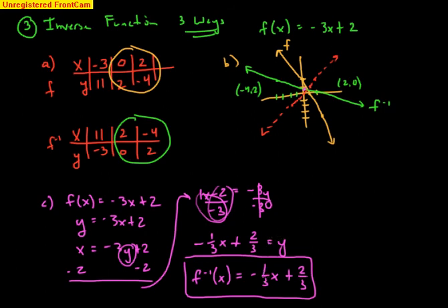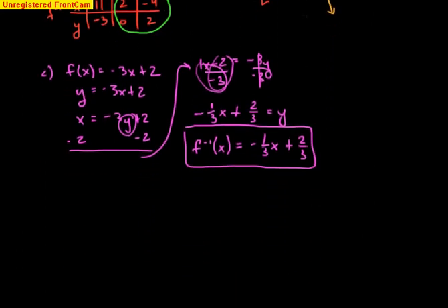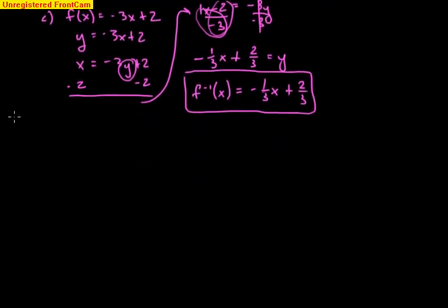Okay. So now I want to verify whether these are truly inverses. So let me slide my work down. To verify, remember you have to find two things. f of f inverse of x and f inverse of f of x. So let's find f of f inverse of x. That means I'm plugging in f inverse into f.